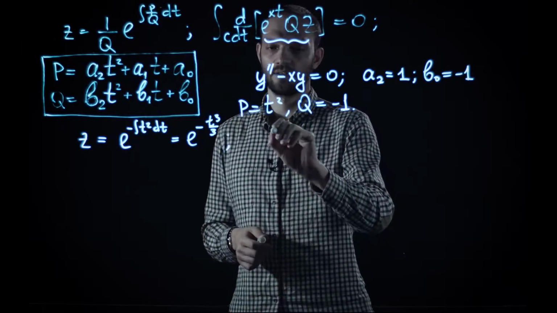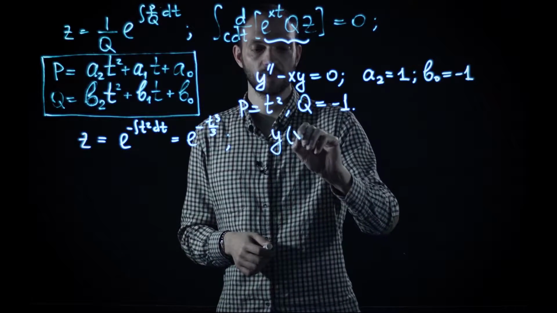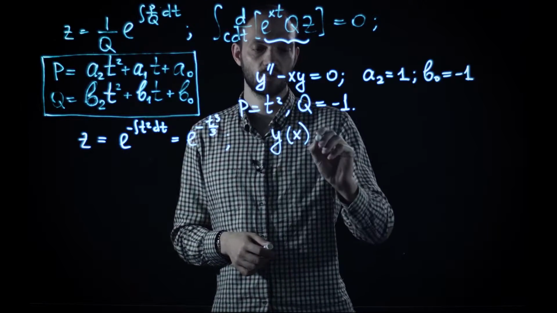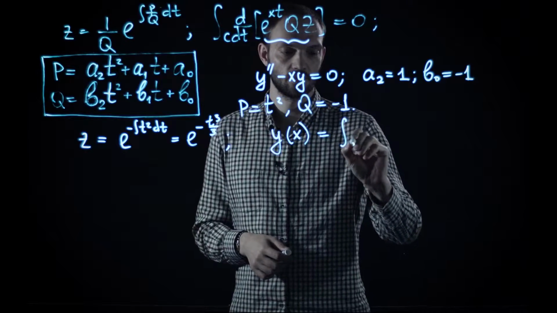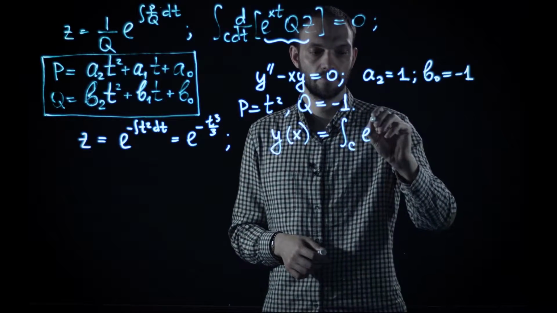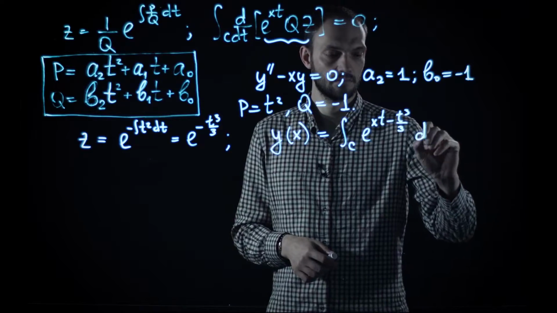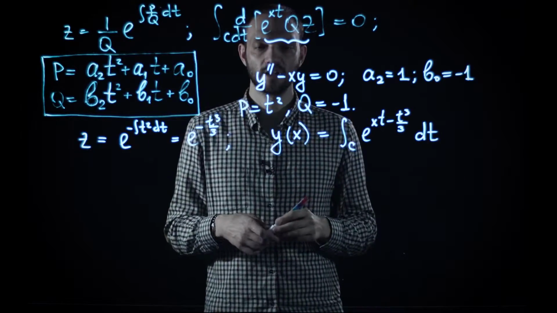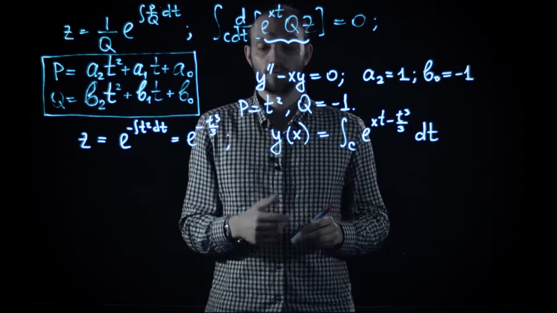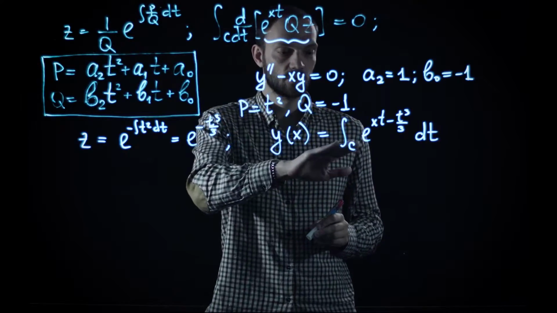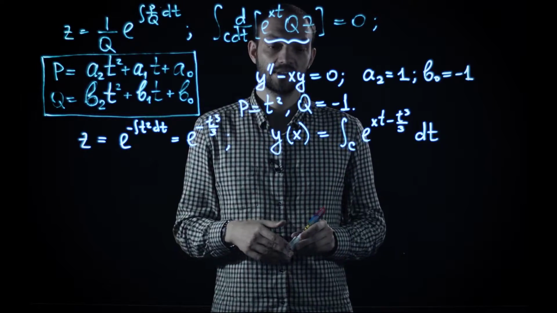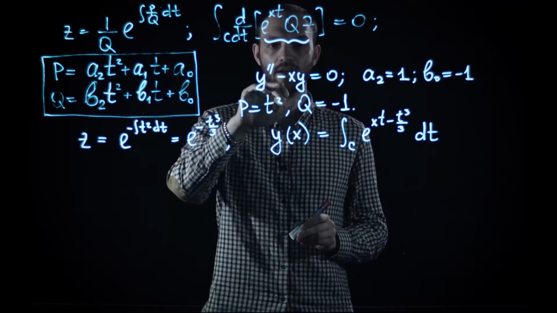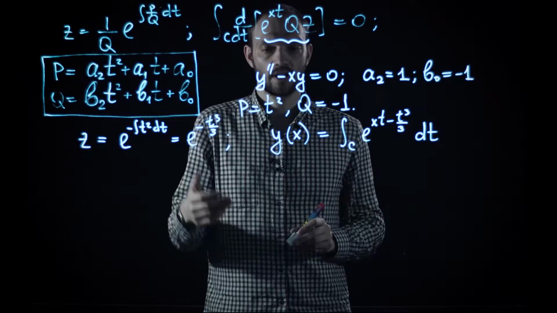So finally, recalling our definition of the Laplace transform, we may write down for y of x the following result. Apparently we have constructed a formal solution, because the contour is not defined, but still we have constructed a solution to our Airy equation, and let us now try to analyze it.